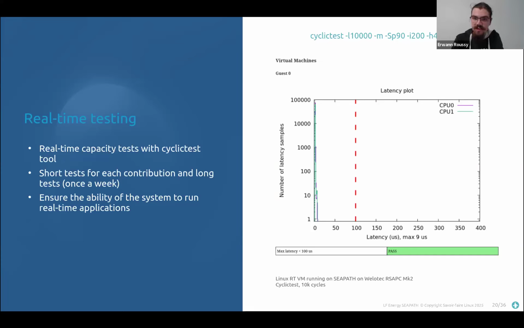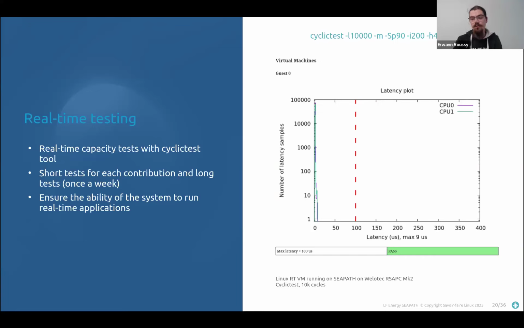For that, we are using cyclictest, a well-established tool in the Linux world to test real-time latency, and it is run inside the virtual machines. You can see on the right an example running inside the CI. You can also have a look directly at the CI test reports where I got this image from. This is a short test, on just 10,000 iterations. It lasts a few seconds, but we also do longer tests over a week.